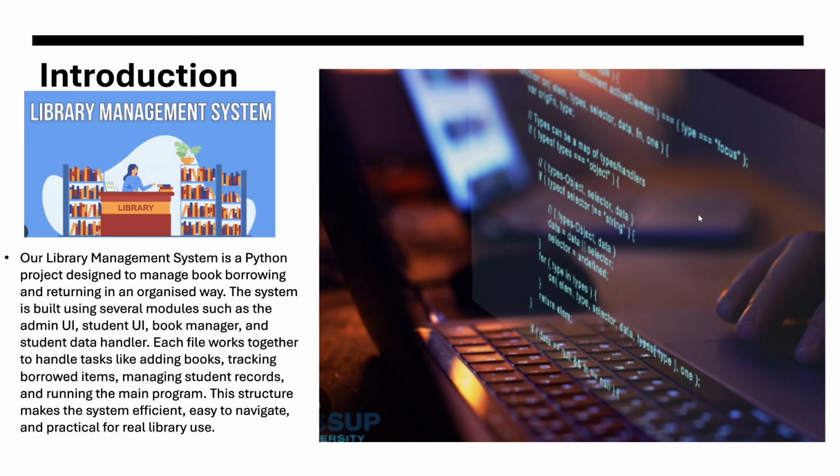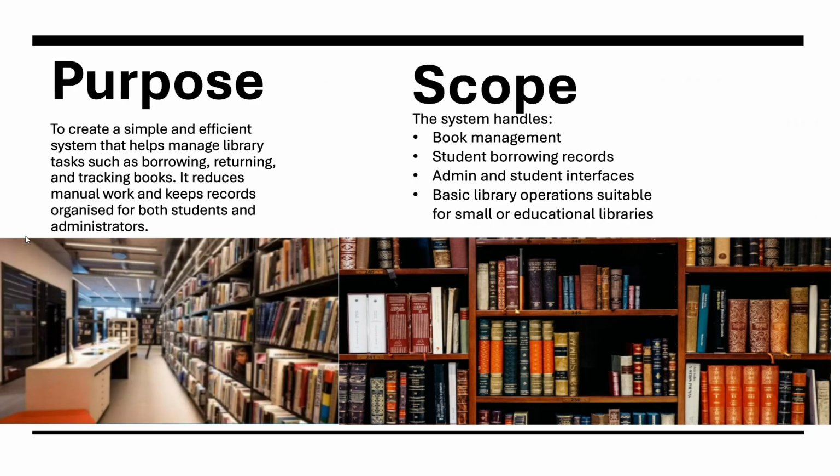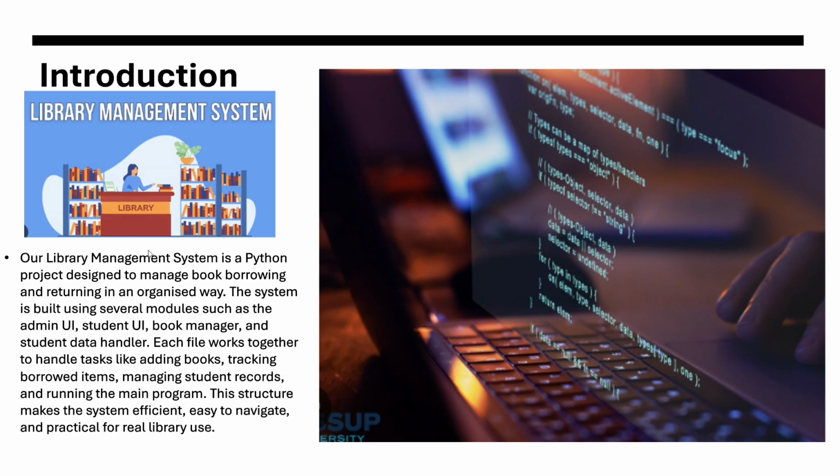So, a brief intro about our library management system, also called the Smart Manager. This system is a Python project designed to manage book borrowing and returning in an organized way.